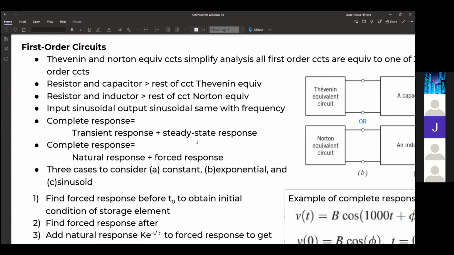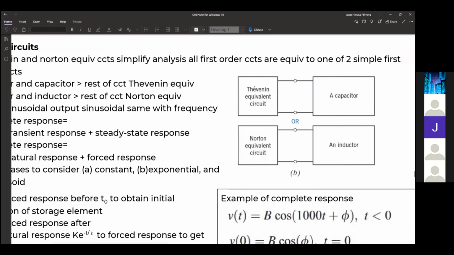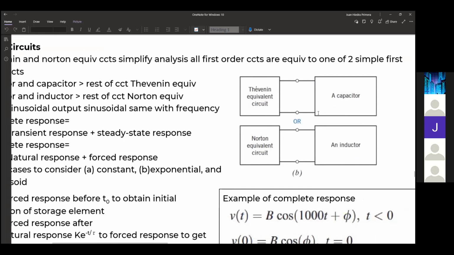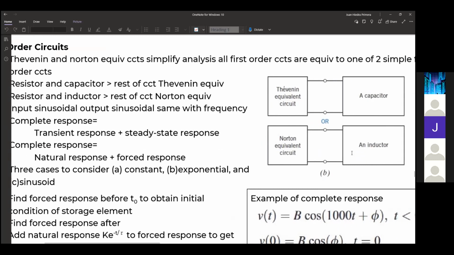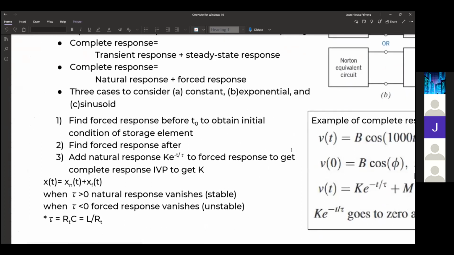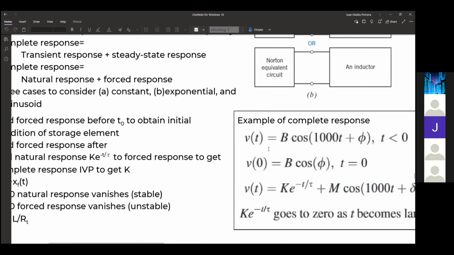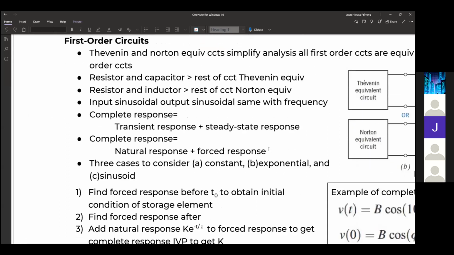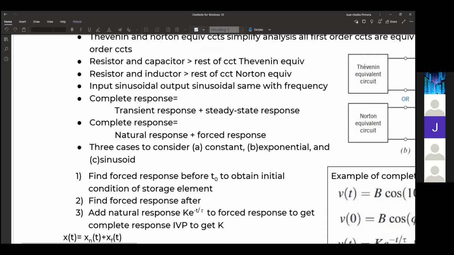So back to the first and second order circuits. You can set up a Thevenin circuit with a capacitor or a Norton circuit with an inductor in order to have an easier time working with them. You can also represent them as forced response and natural response, or transient response and steady state response.